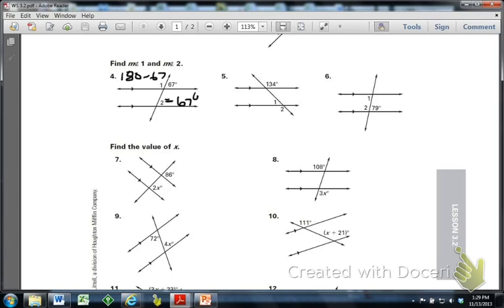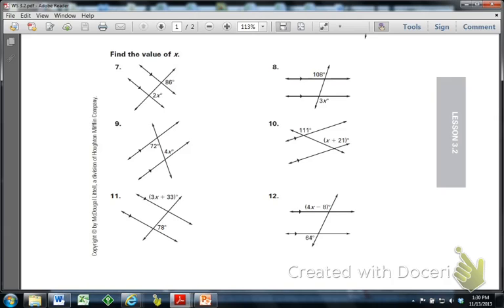Now, if you left it like this, I really wouldn't mind, because you're basically telling me, hey, I know how to find that angle. It's a straight line, and I'm going to subtract 67. I almost would prefer that over you writing what 180 minus 67 is. That would be one kind of problem that you could do to show me, hey, I'm actually doing this. I'm not just copying the answers.